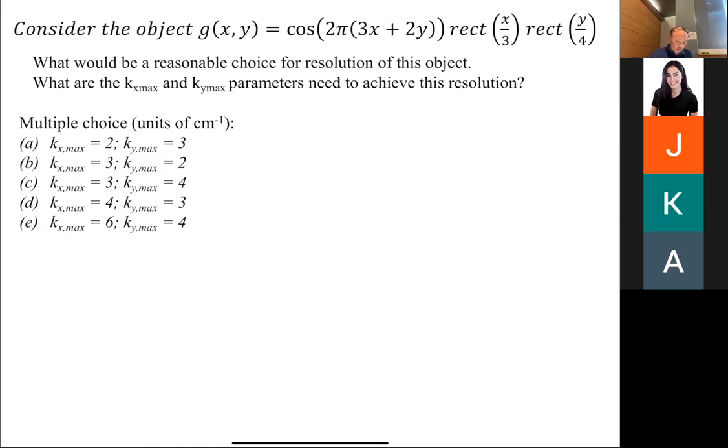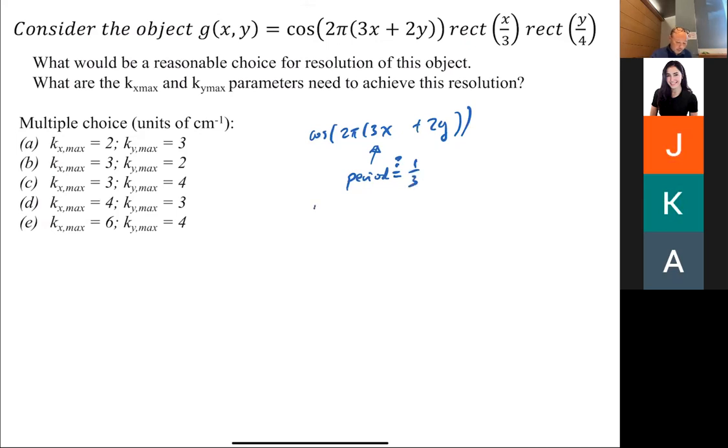Okay. So let's say we have cosine 2 pi (3x plus 2y), right? So what's my period of variation in the x direction? How long do I have to go before that cosine repeats itself? 1/3? Okay.